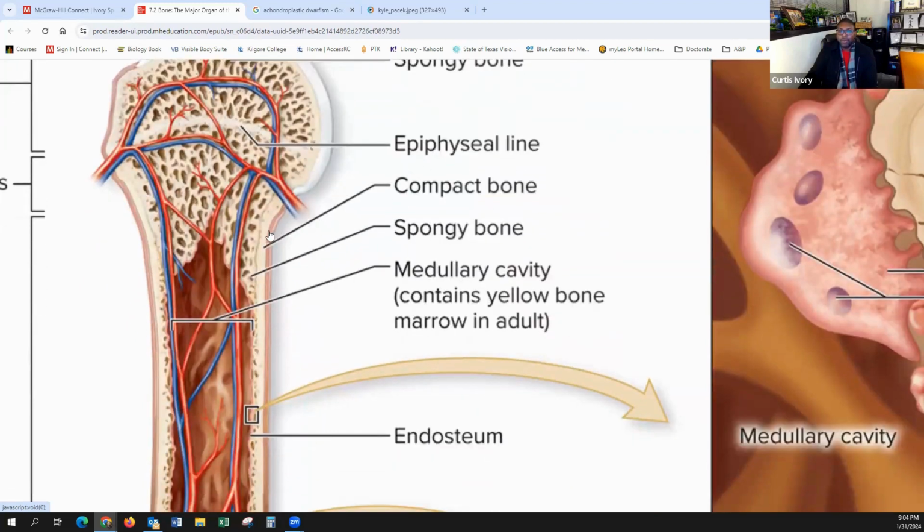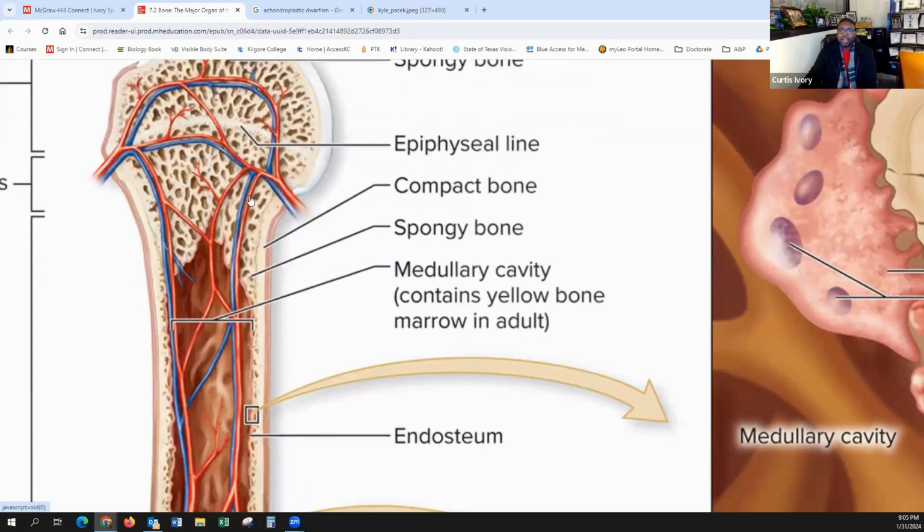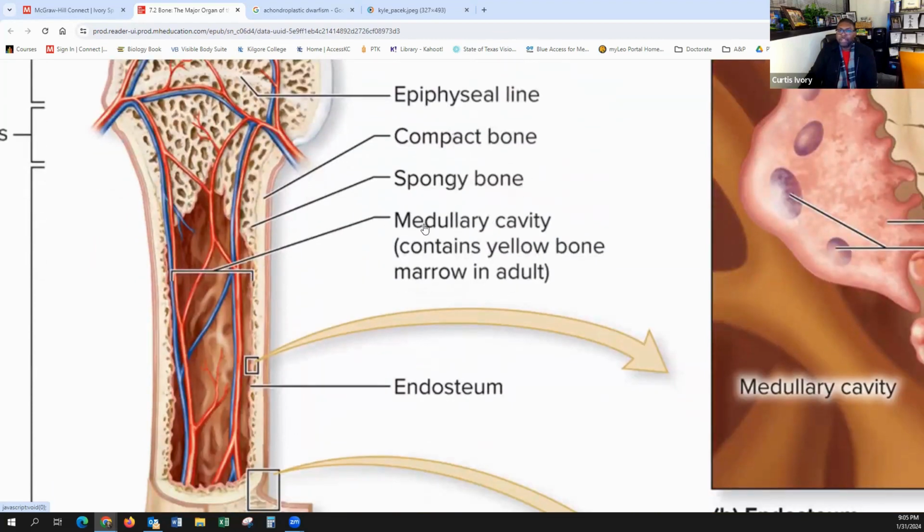Now compact bone is going to be on the very outside surface of the bone, versus spongy bone, which looks like a sponge, kind of porous, which is going to be on the inside of the bone. Now, we have what's called a medullary cavity, which is going to be the middle cavity. So you can think of medullary like middle.